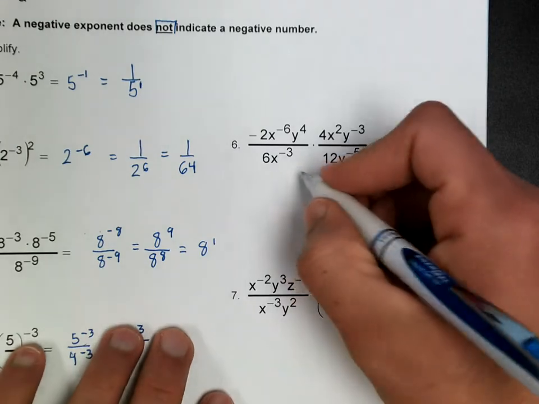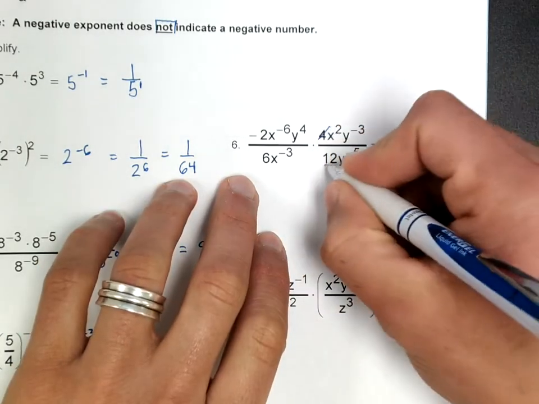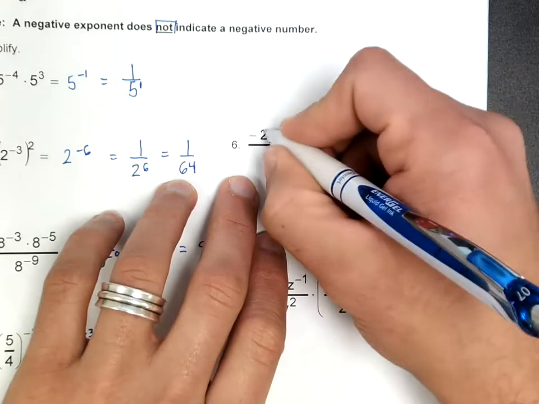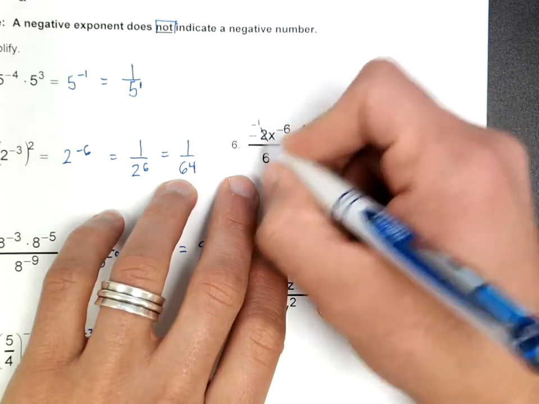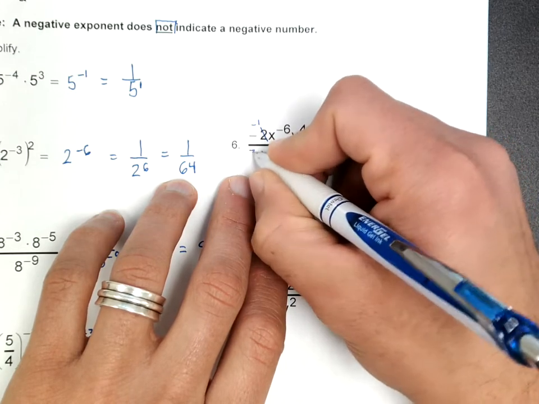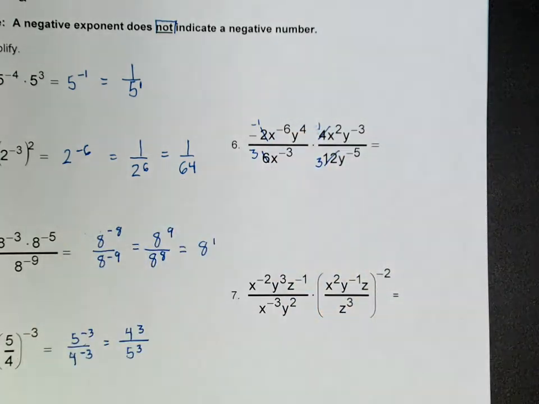But anyway, I'm going to go a little bit faster on this one, right? So we're going to reduce this here. We got a 1 over 3. Right here we have a negative 1 over 3 here. Okay? Now again, what I'm going to do is combine this stuff together.